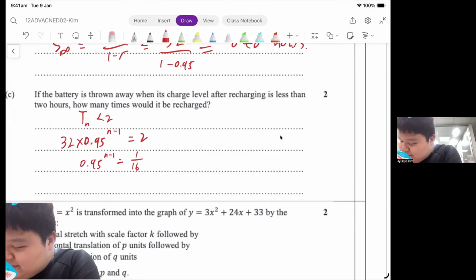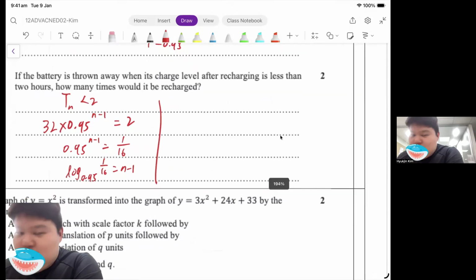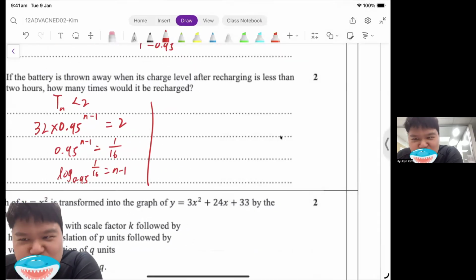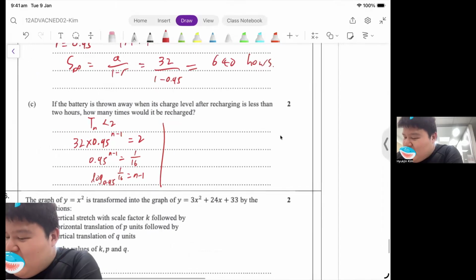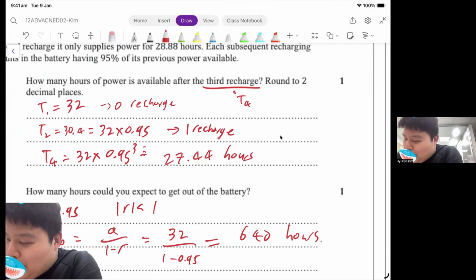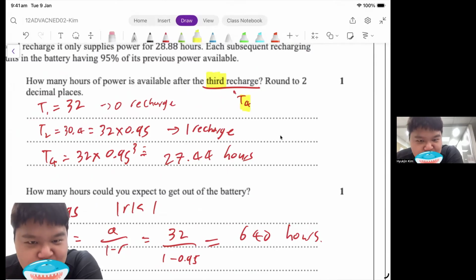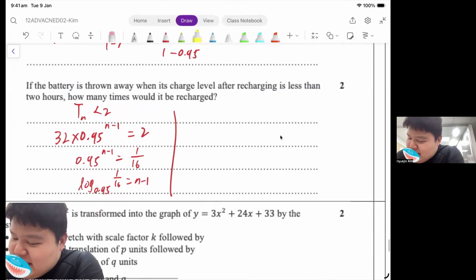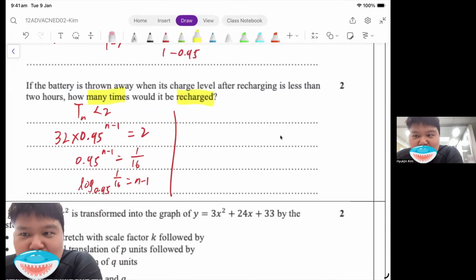And then you get log base 0.95 of 1 over 16 equals n minus 1. Wait a minute. Guys, do you recognize something here? Remember how if it was the fourth term, there were 3 recharges? If it was the second term, there was 1 recharge? The question is asking how many times would it be recharged?